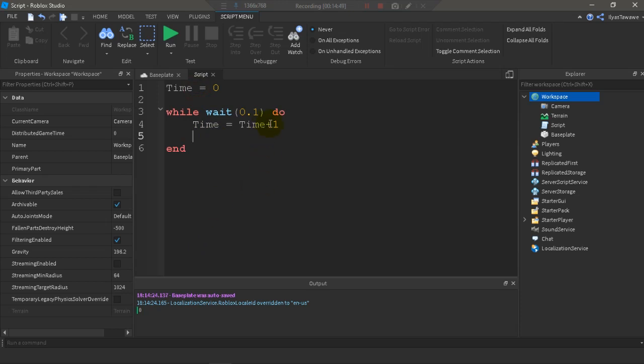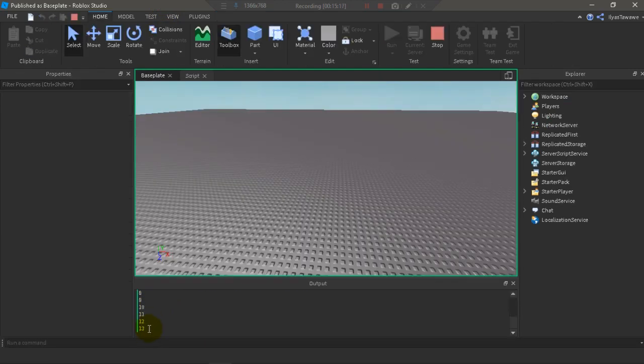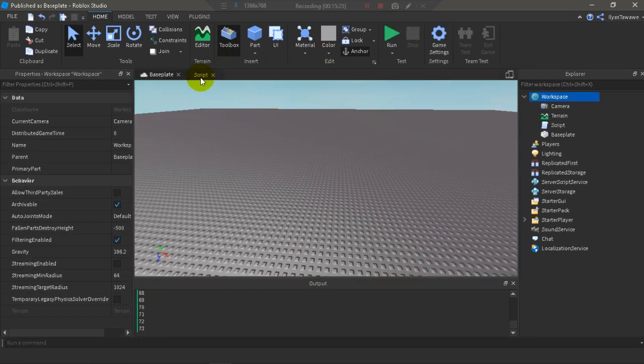Now let's imagine that this time is representing time by hours. So how can we do this? Hours can't go beyond 24, you know what I mean? Let's first print time as it is right now. As you see, it reached the maximum of hours, so it's not like a day or whatever.